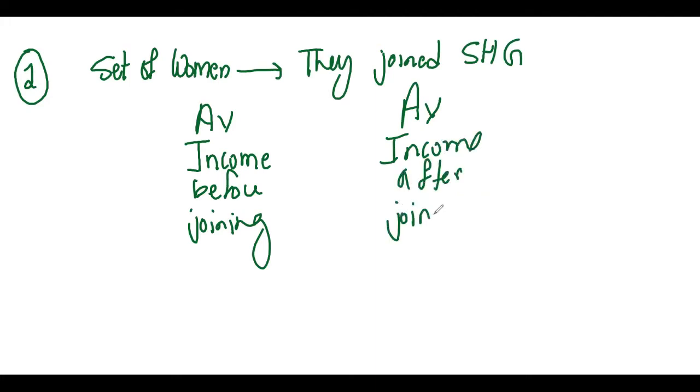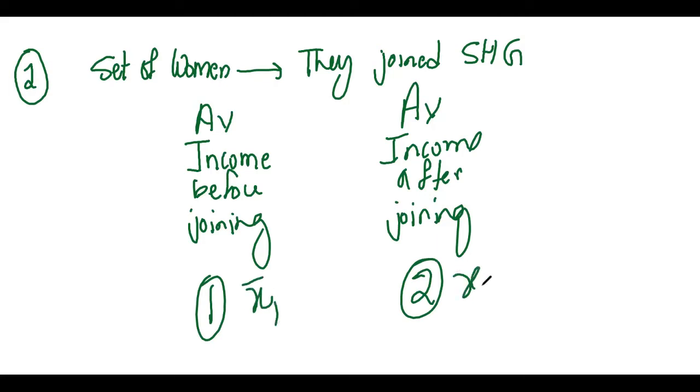So you have 2 data sets, one is this data set and this is the second data set. You will calculate the average of the first data set and the average of the second data set, and you want to check whether x1 is equal to x2.